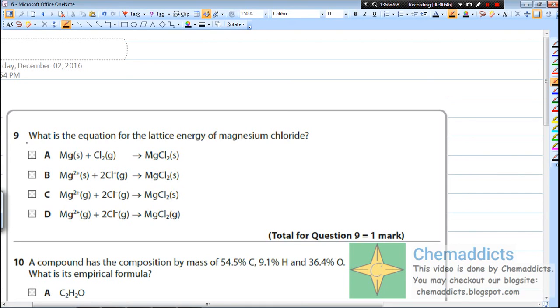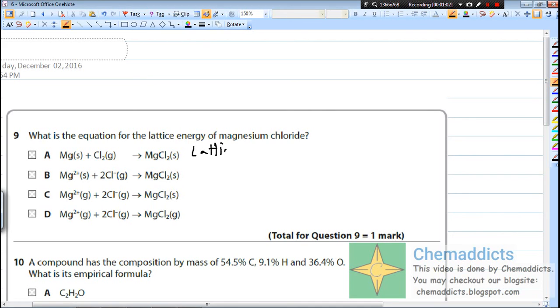Let us first read the question. What is the equation for the lattice energy of magnesium chloride? In order to answer this question, let us again recall the definition of lattice energy.